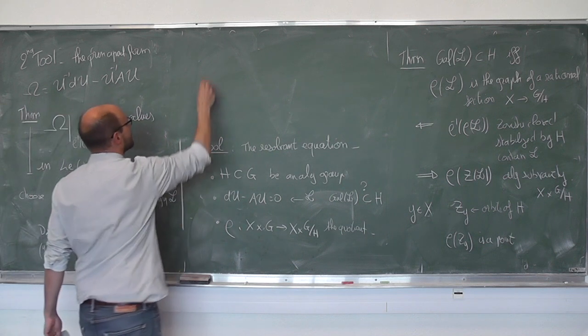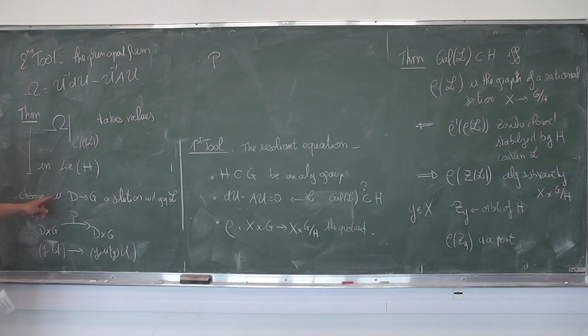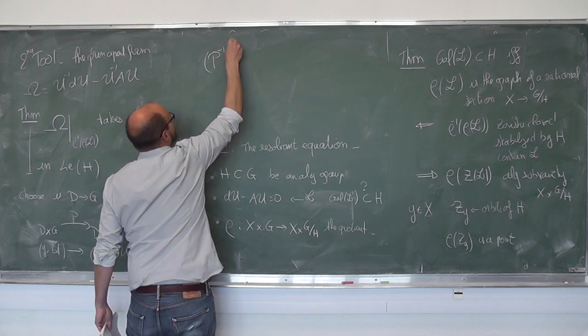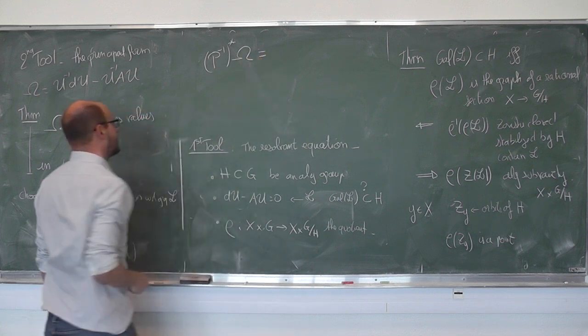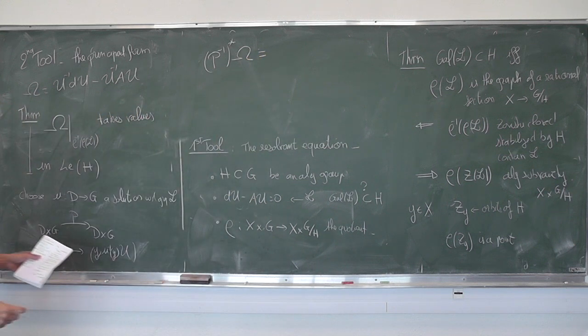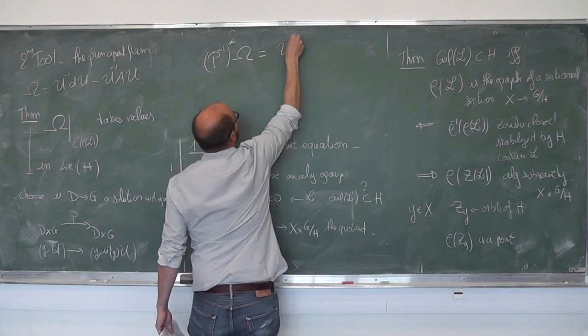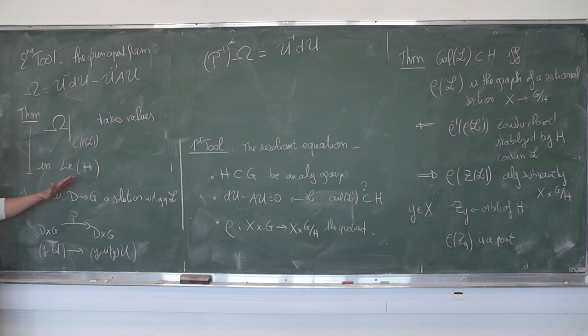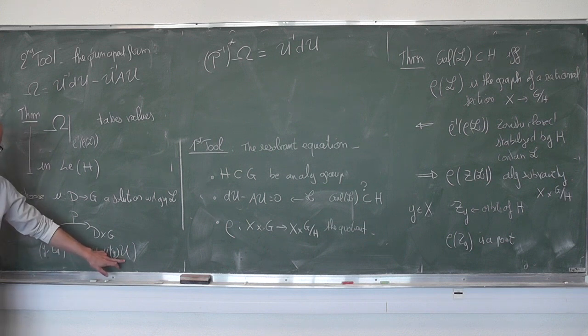Then if you pull back, so maybe it's p minus 1, your form is here, you want to push your form there, so you use p minus 1 to pull back your form omega, then it is only u minus 1 d. So in some sense, you use a solution to convert this space, you map the graph of u to the identity.